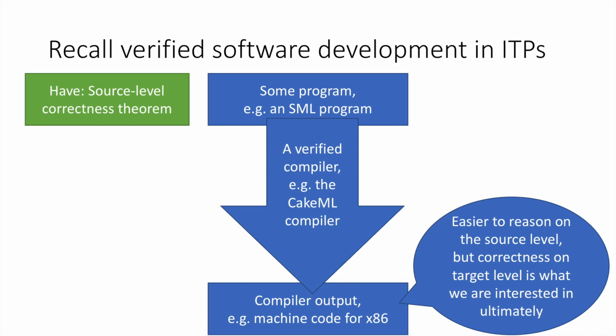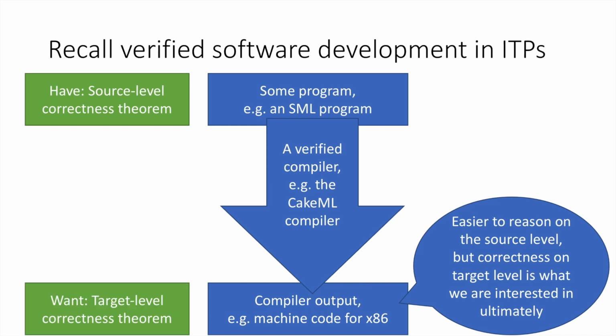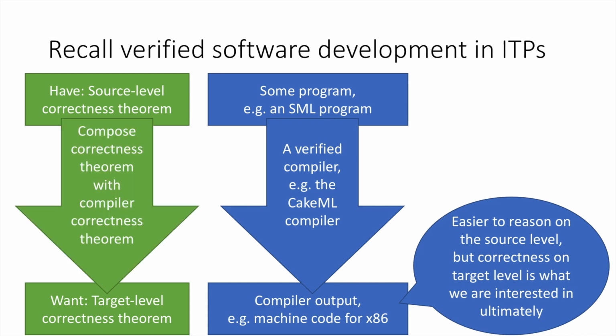So we get a target level correctness theorem by simply composing the source level correctness theorem with the correctness theorem of our compiler. In this way we get a target level correctness theorem without having to reason about target level constructs and so on. So this is convenient.